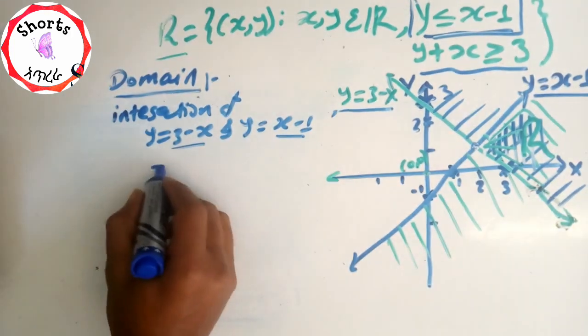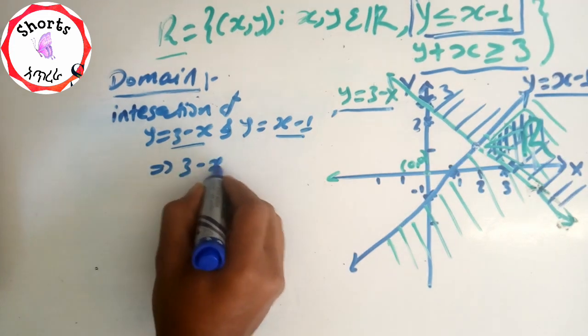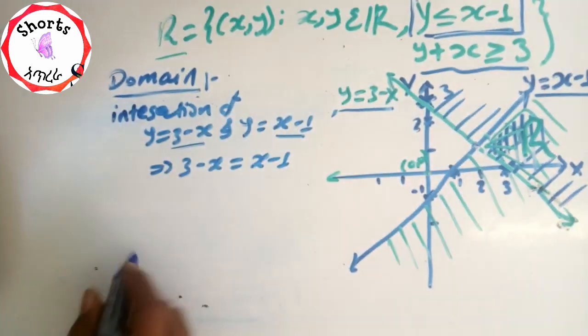Because y is equal to y, we have 3 minus x is equal to x minus 1.